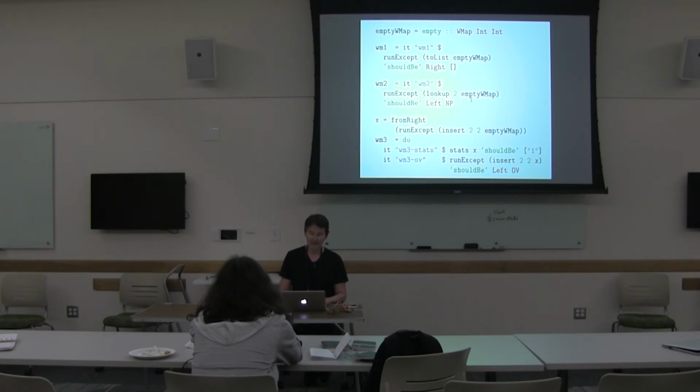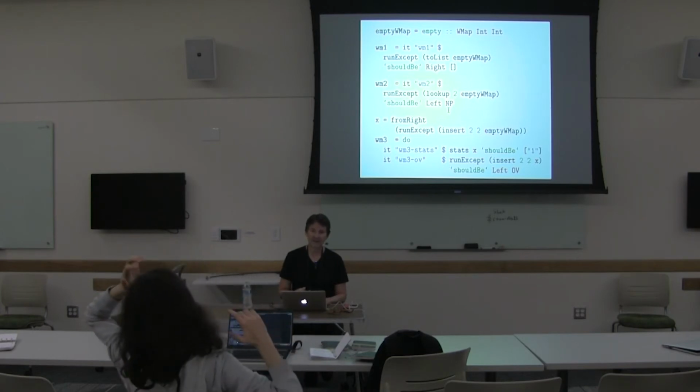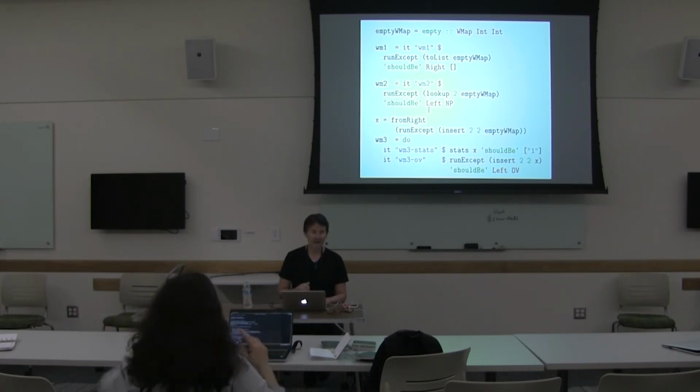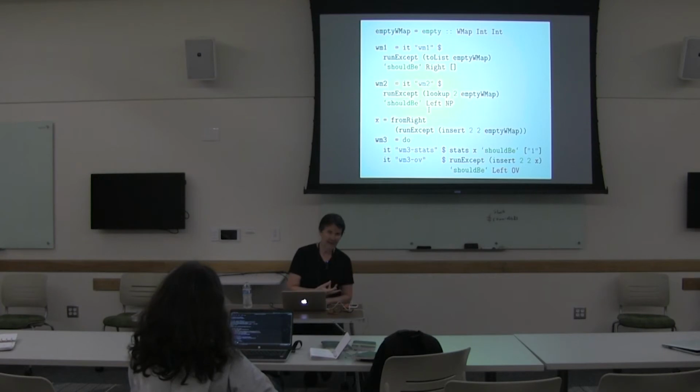Then I do a lookup of 2, and notice this time it got an error, because remember on this particular weird map, WMAP, when things aren't present, rather than returning nothing, it's going to throw an error saying not present, NP. And Left, because it's in the except monad, is the error, the left side.